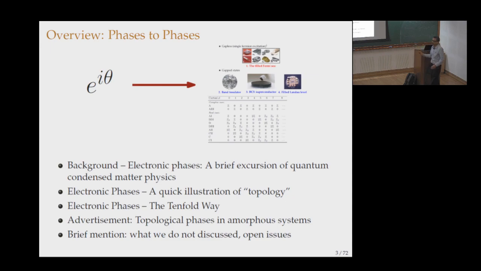So first I'll give you what is this game about phases, what is all this story about. And then I'll tell you a little bit, in a very illustrative, simple model, where this topology comes up in phases of electrons. And then I'll tell you something called the tenfold way, which is already advertised here. And then I will advertise some of Deep's work on topological phases and amorphous systems, and this I may just run through very quickly.